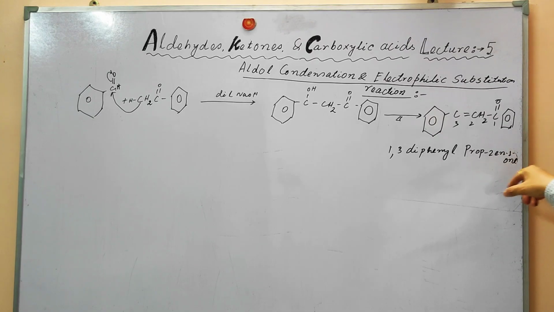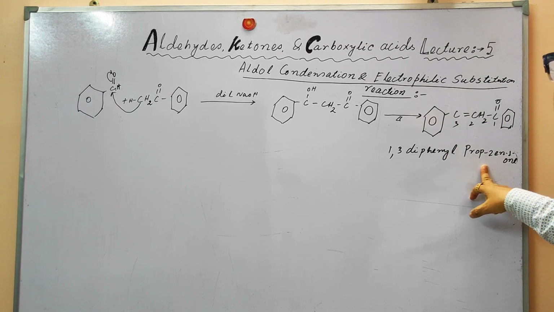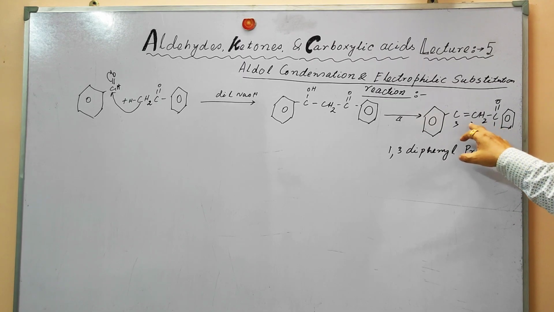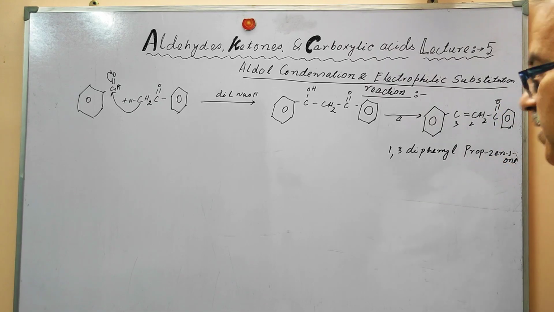That is for the keto group. Because there are 3 carbon atoms, it is propane, and it is prop-2-ene, with a double bond at the 2 position, and at the 1 position there is a keto group.